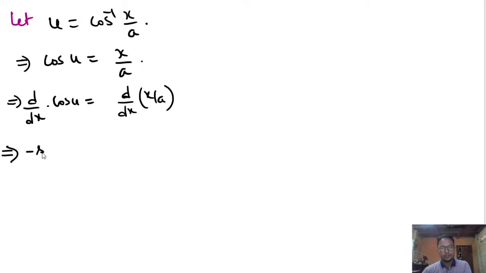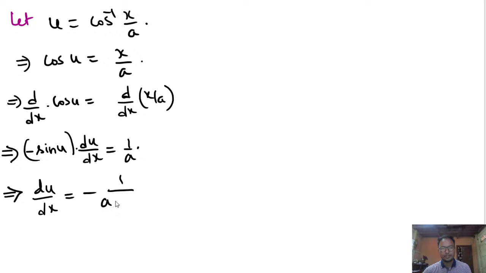Cos u differentiates to minus sin u into du by dx. X by a means 1 by a constant, and dx by dx is 1. So du by dx is minus 1 by a sin u.